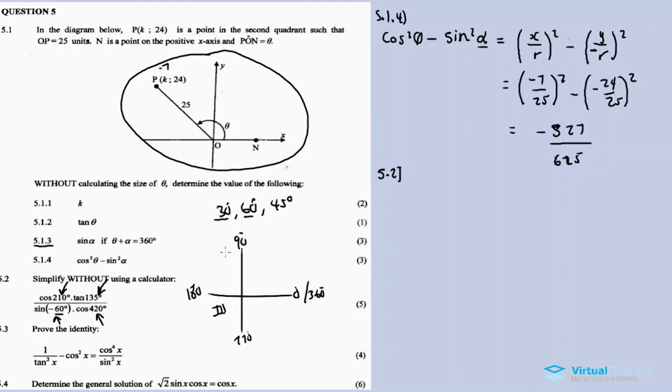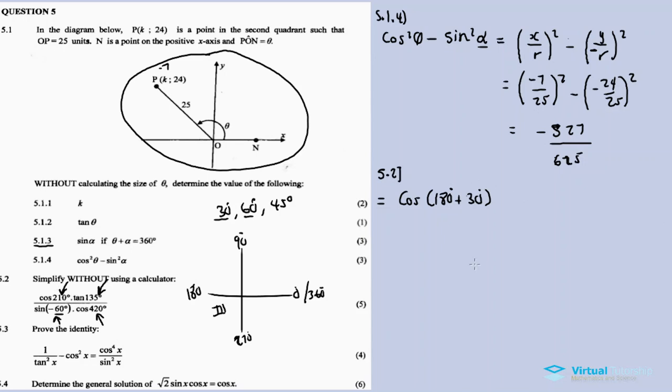Second quadrant we find angles between 90 and 180, and then third quadrant we find angles between 180 and 270 degrees. So this one is in which quadrant? Third quadrant, and with the third quadrant it's a reduction formula of 180 degrees plus, right? So it's 180 degrees plus 30 degrees that gives us 210, right?